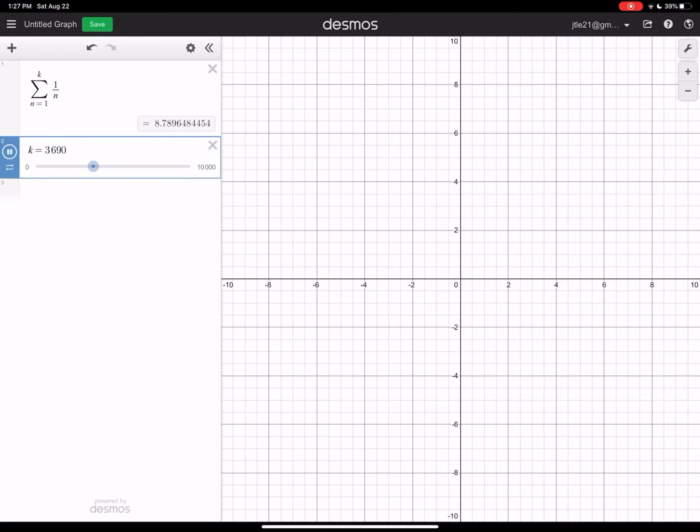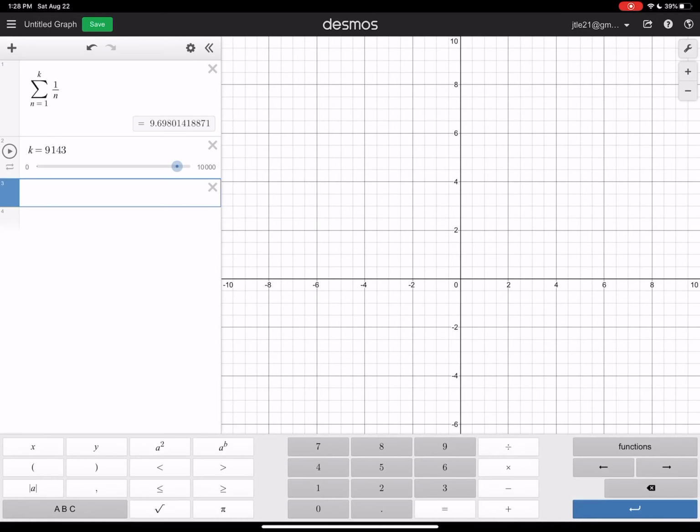So I'm adding 1 over 3,000 plus everything before it. Now, what do you guys notice about the area? Is it getting larger and larger and larger? And it looks like it is. 9.3, 9.8, 9.9, 9.5, 9.6. And I stopped at 10,000, but I can go on forever, right?